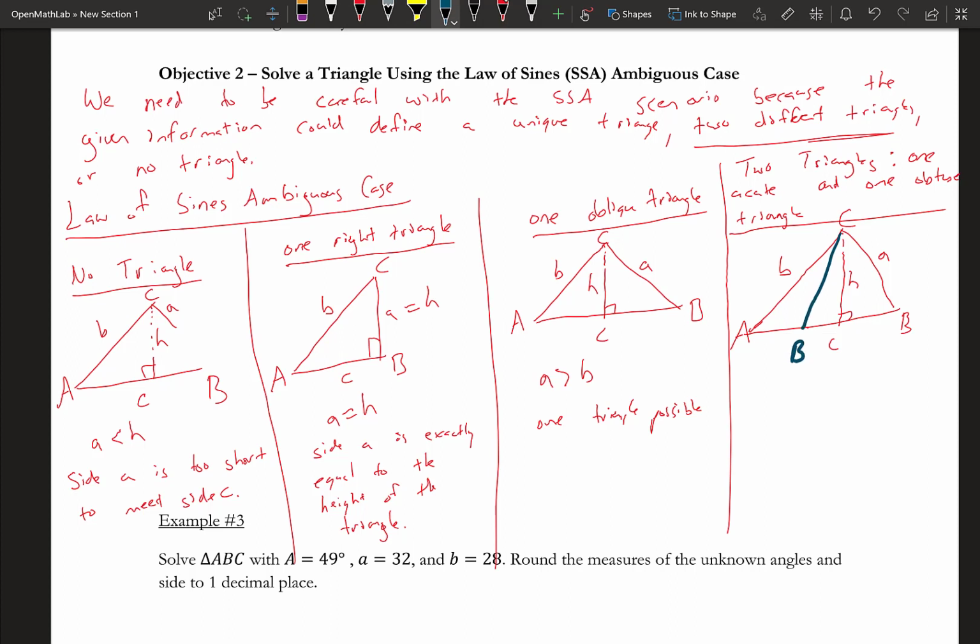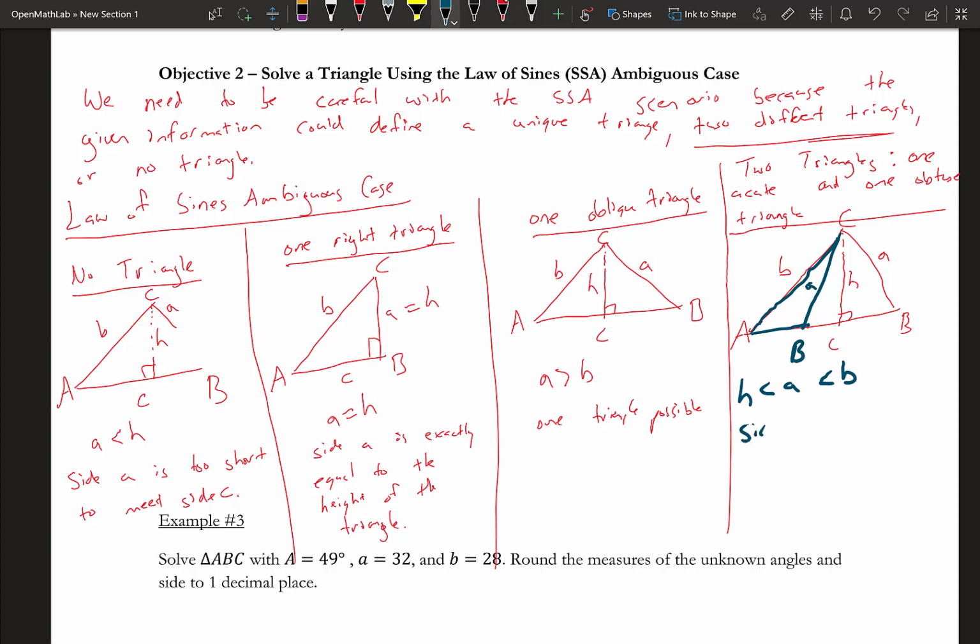So you can see that the one triangle is kind of the outside, using this red little a as the side, versus the other triangle that, let me just outline that in blue, would look like this. So those are some possibilities. So in this case, H is going to be less than A, which is less than B.